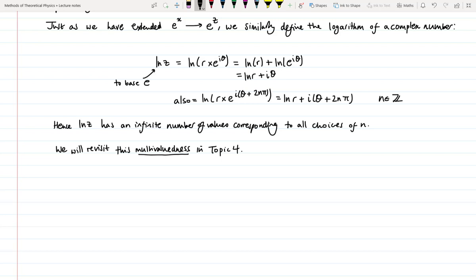You should be able to use and manipulate Euler's formula and de Moivre's theorem. And you should also have some familiarity with basic complex functions like trigonometric, hyperbolic, exponential, and logarithmic functions, as well as powers and roots. You'll get lots of practice at these in problem sheet 1, so I encourage you to have a stab at as many of the problems as you can after watching this video.